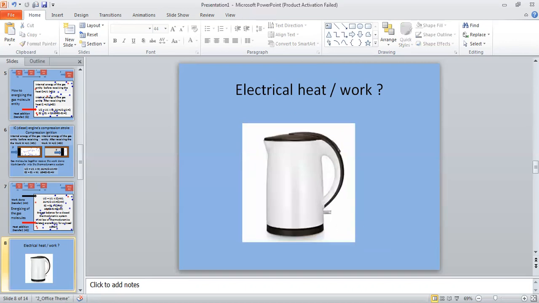So this is a jug kettle. Inside the kettle, there is a heat element. I'm going to add a heat element for that. Of course, the heat element is there, but for our better understanding.